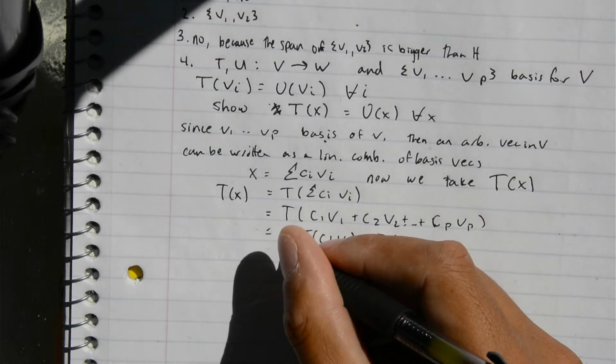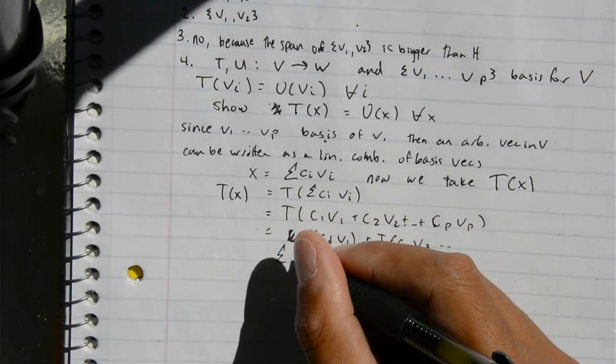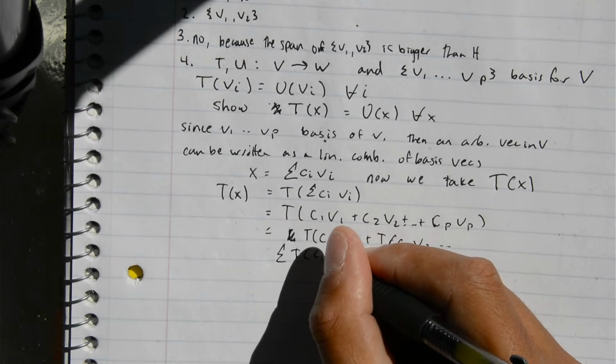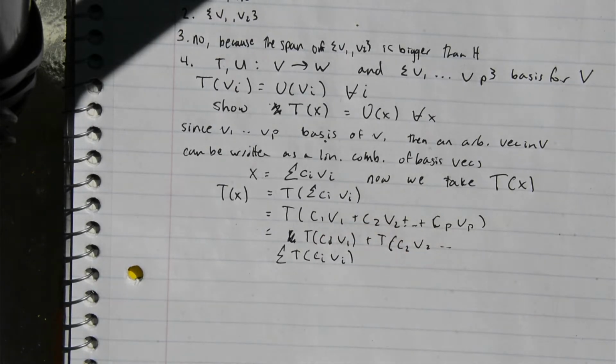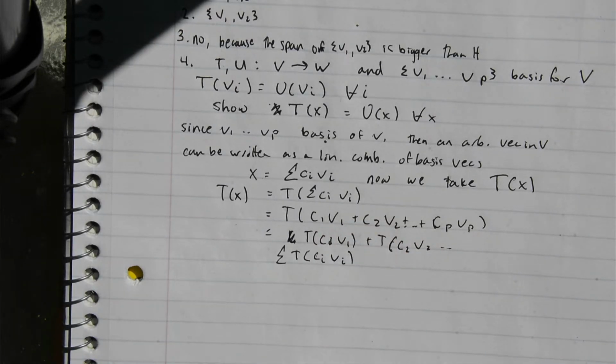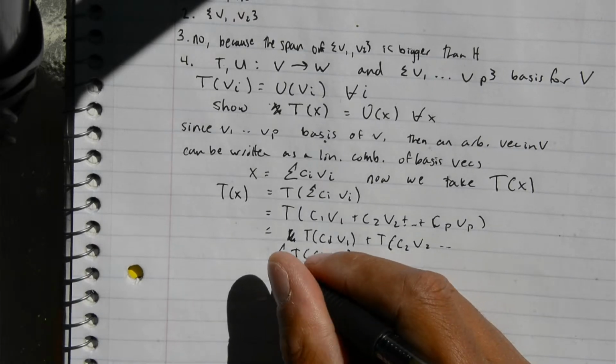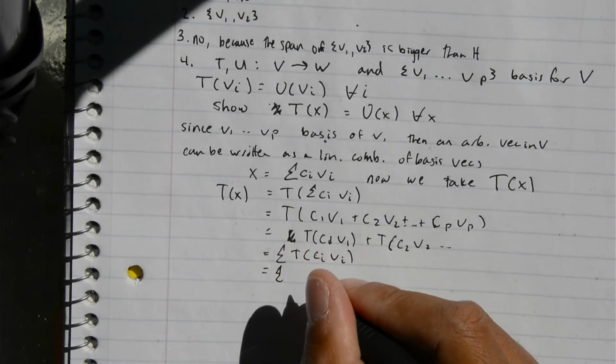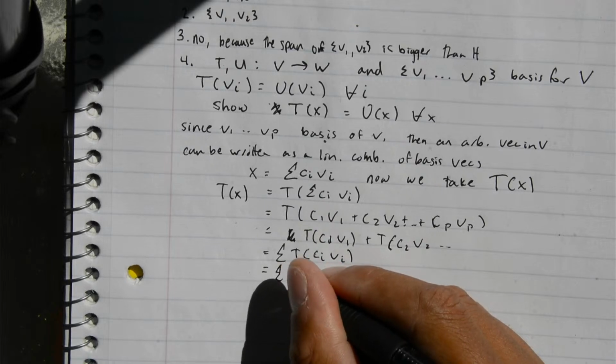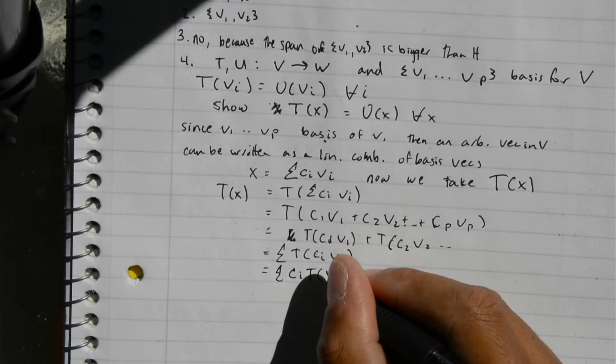So this is going to be equal to the sum of T of CI VI. Then since it's still linear, you can pull out the constants. So you're going to get this equal the sum of CI T VI.